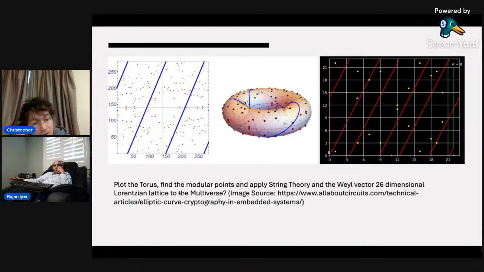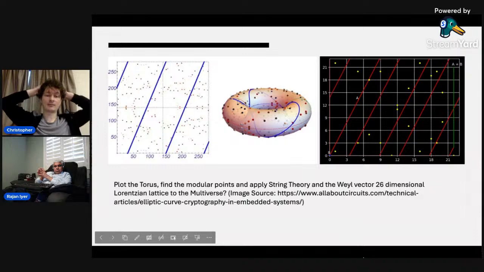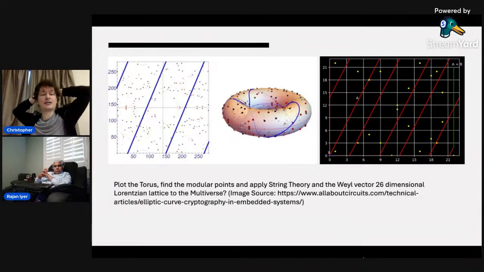Another area of research that would be interesting would be to continue on the research into elliptic curve cryptography and how it relates to the scaling factor of the universe. So plotting the torus, finding the modular points with these yellow points and plotting them on the torus, and applying various aspects of string theory and the Weyl vector of the Lorentzian lattices to the multiverse.